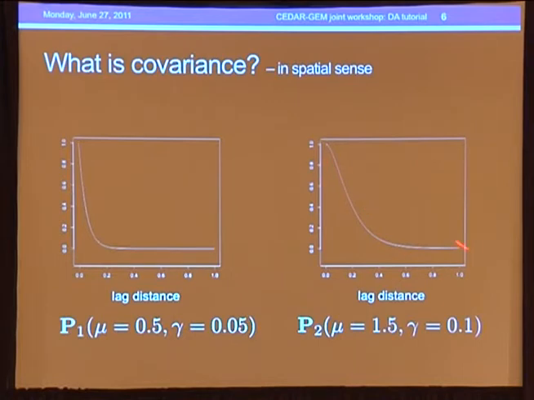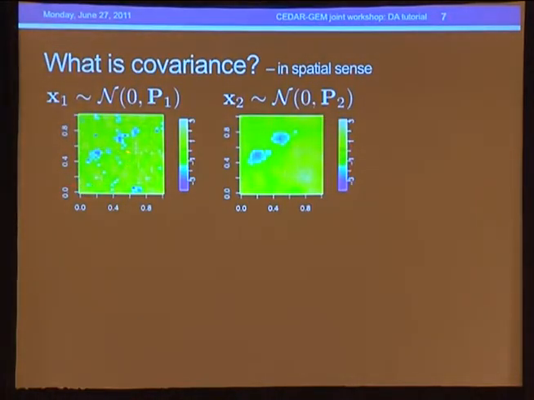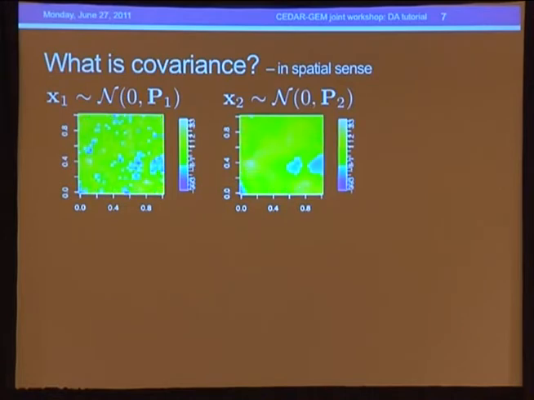In the other case, the correlation function has a slower fall-off with separation. I can generate random fields using these correlation functions. I'll show a few cases: the first, second, and third. On the left-hand side, the random field has a shorter correlation length scale, and the right-hand side has a longer correlation scale. So this is a random field, and we want to know the underlying correlation length scale.